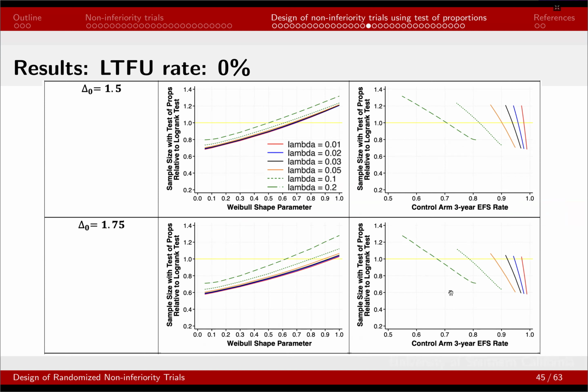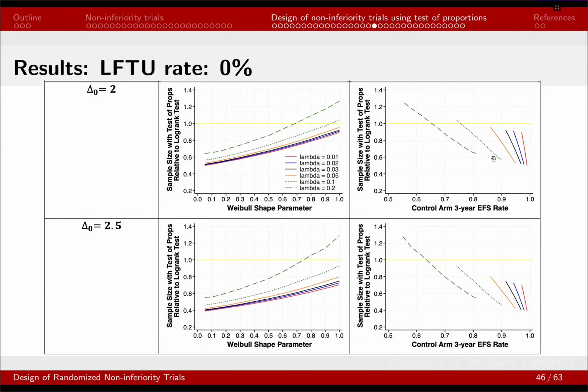Again, the majority of these trials would represent low event rate settings. And also, when the gamma parameter is small, the reduction in sample size is often bigger. Another finding is when lambda is small, often we can benefit from the use of tested proportions compared to the log-rank test.